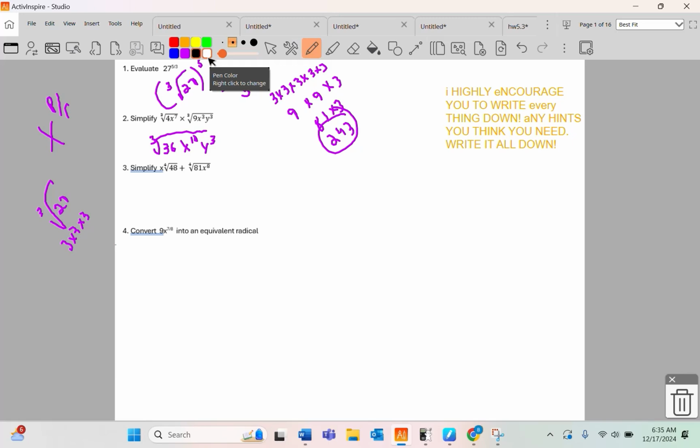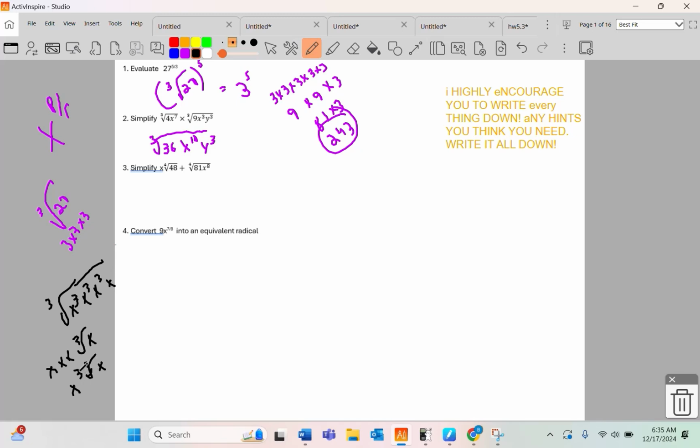And it doesn't have any good factors either. Like if 8 went into 36, I'd be in business, but it doesn't. So I'm going to focus now on this cubic root of x to the 10th, which I can write as x cubed, x cubed, x cubed, x. And every one of these cubic roots of x cubed is an x. So I have x, x, x, and left inside is that guy right there. That becomes x cubed times the cubic root of x.